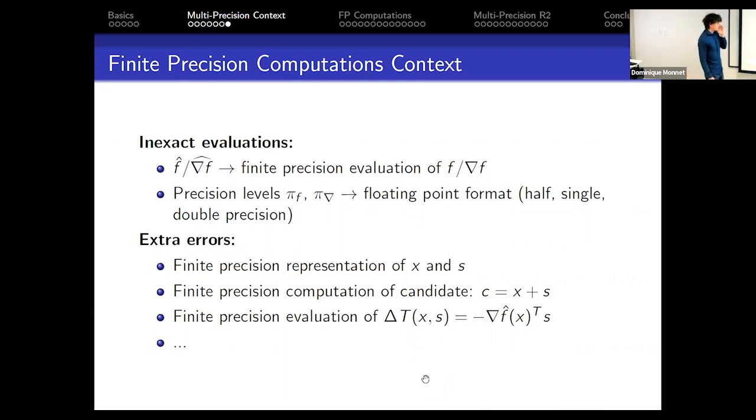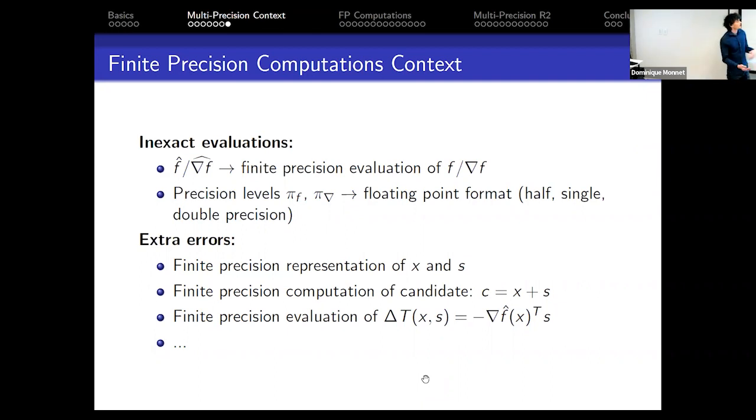If we do that, however, we're going to have to consider extra errors, which is what happens if I have a finite precision representation of my iterate x and my step s. Basically, if there is low precision, I'm going to have to take into account extra errors that are usually not considered. In the previous version of the algorithm, I supposed that my candidate was computed exactly.